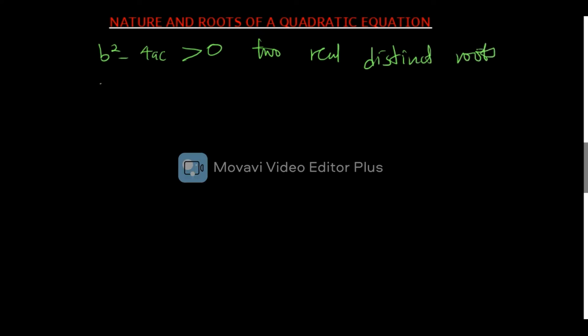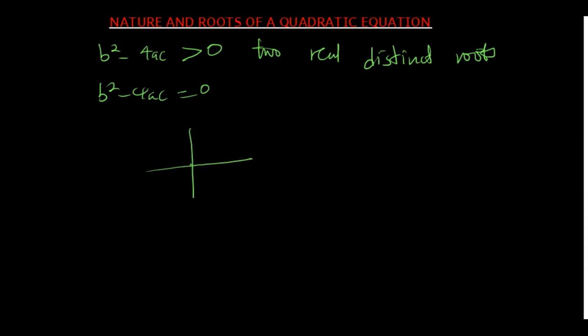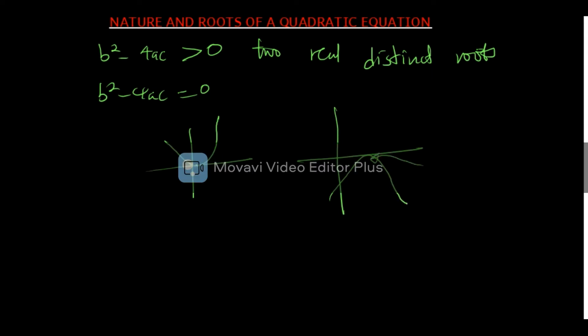Now when we find that b squared minus 4ac is equal to 0, that means our function has only cut the x-axis at 1 point, just in that manner. It can also just pass something like that. So it has just touched the x-axis at 1 point. Notice that our value will only be 1. In other words, the x-axis is only being cut at 1 point.